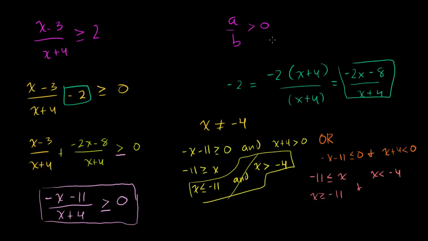And I can draw the number line again. We have to be greater than or equal to minus 11, so that's minus 11 there. We could be equal to it or greater, but we have to be less than minus 4. So this is minus 4. We can't even be equal to minus 4. That will make our denominator 0, and our whole equation undefined. And so this is our solution set: anything right here that I've shaded in, including minus 11, but not including minus 4.